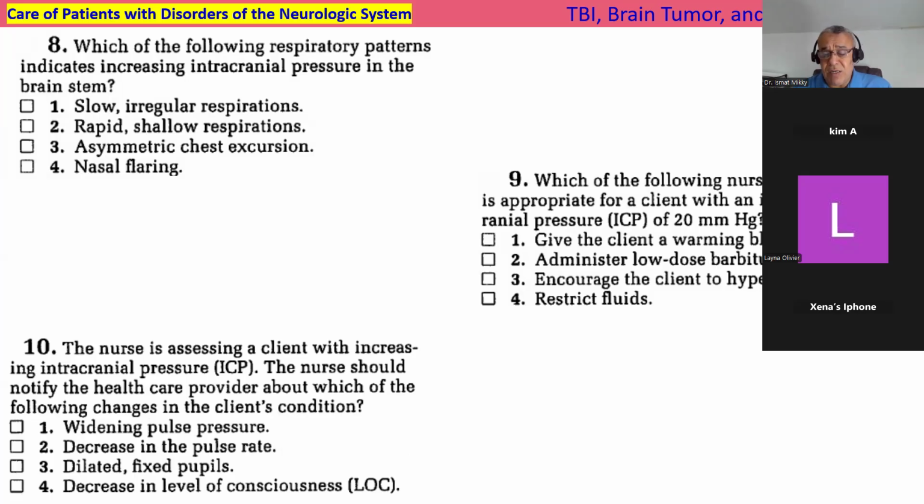Rapid, shallow respirations, asymmetric chest movements, and nasal flaring are all characteristics of respiratory distress or hypoxia. But slow, irregular respirations are a sign of increased ICP.